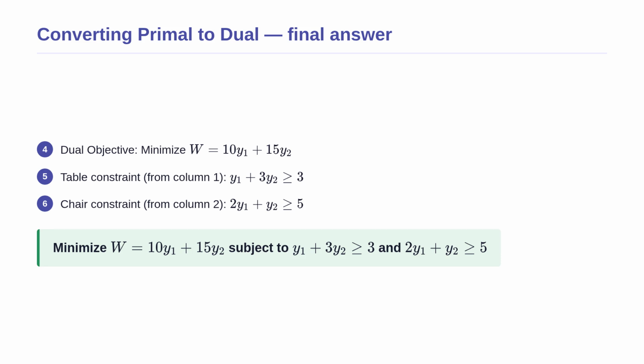The coefficients for tables become the first constraint, ensuring the resource value is at least the $3 profit. The coefficients for chairs become the second constraint, set against the $5 profit. We have successfully formulated the dual problem, and it can now be solved independently. The final answer shows our complete dual model.